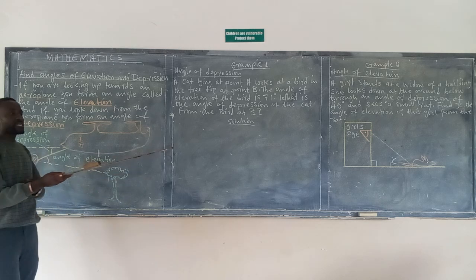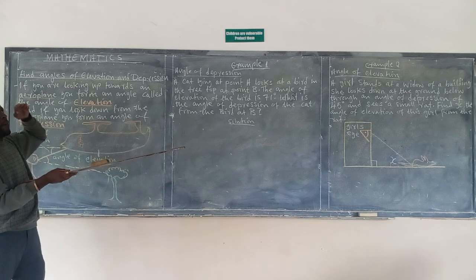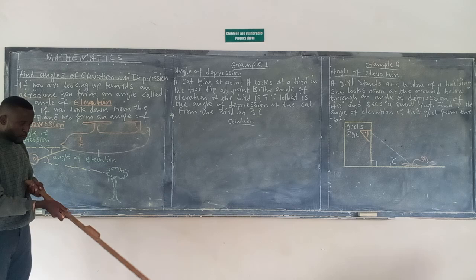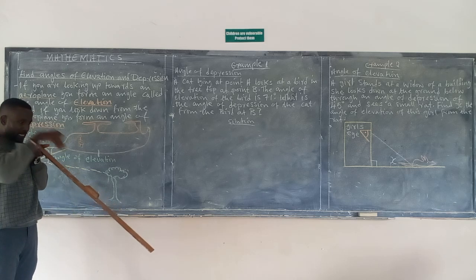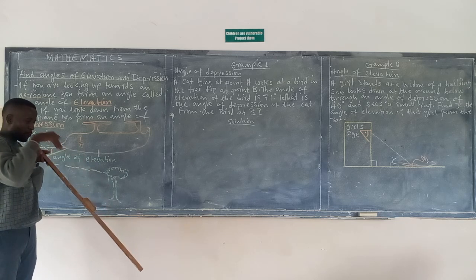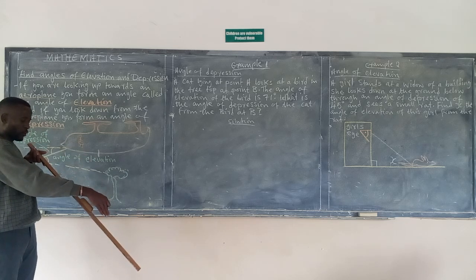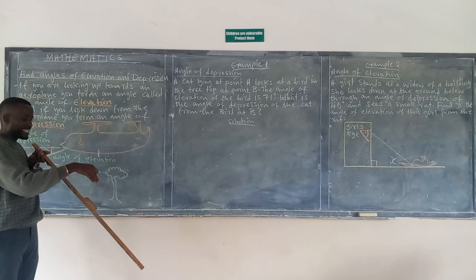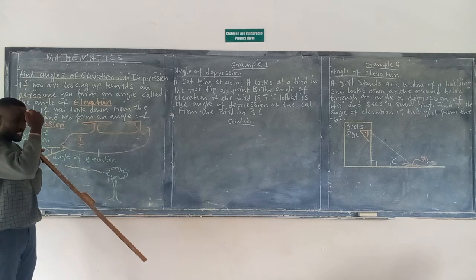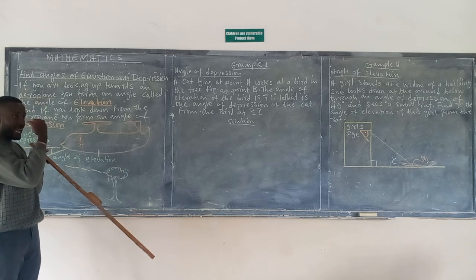So, if for instance I'm up there and I look down, when my eye contact touches the floor, it automatically creates the angle of elevation down there. But the angle of depression is created from here. Look where my eye contact is.